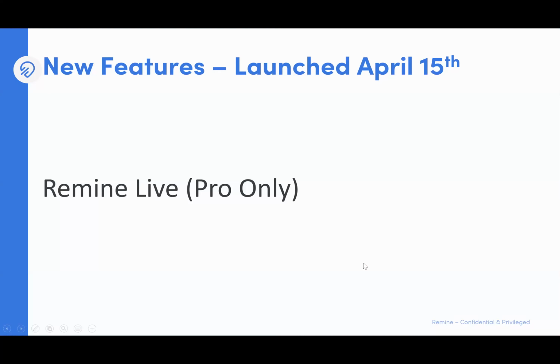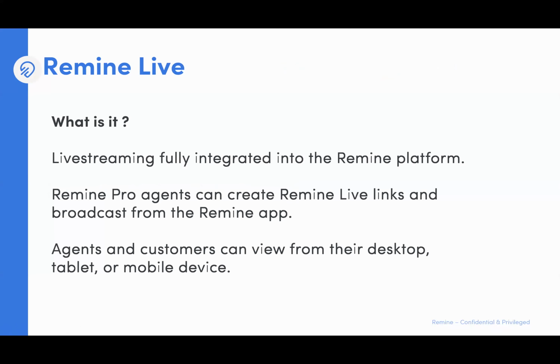A little bit of background: this feature launched April 15th, available inside Remine Pro. And what is it? This is a live streaming feature that's fully integrated into the Remine platform. You can create open house links and then broadcast directly from the Remine application right inside your phone.